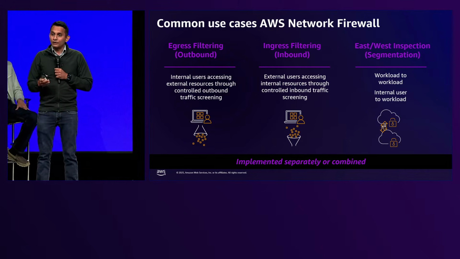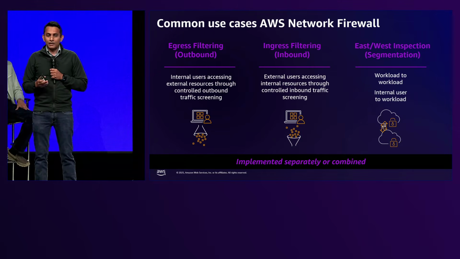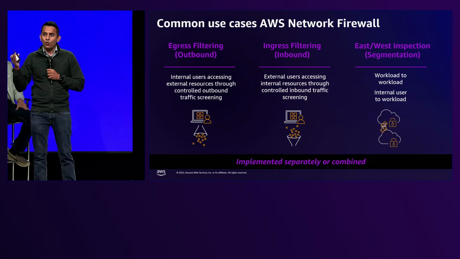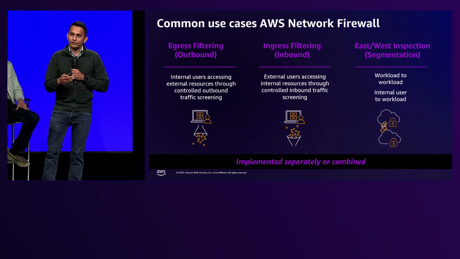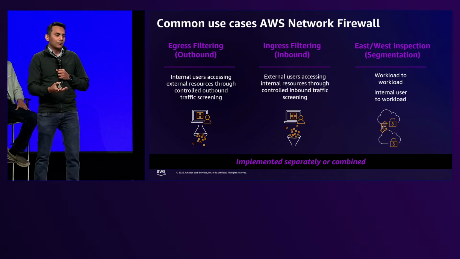Using network firewall, they use the built-in stateful inspection engine, IDS IPS capabilities, and protocol detection capabilities to only allow access to trusted resources so that you can prevent intrusion and maintain compliance requirements.